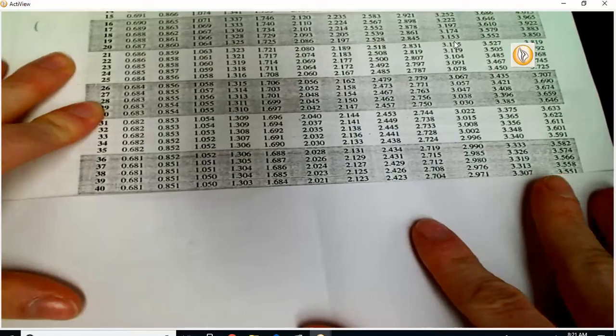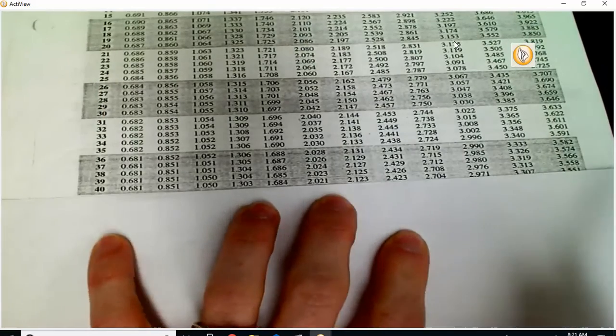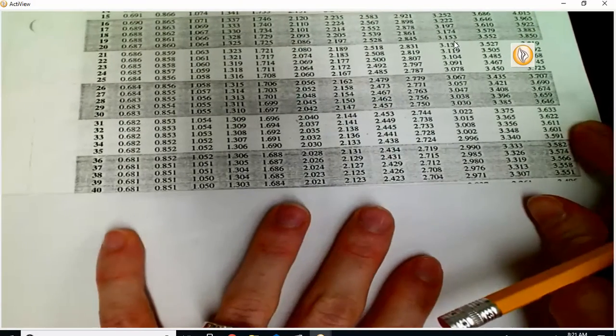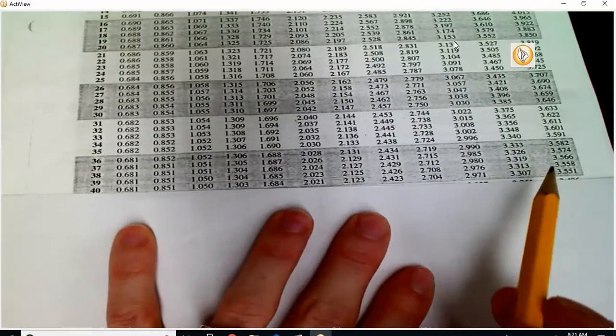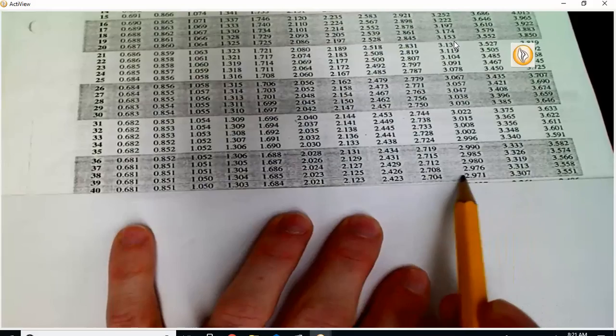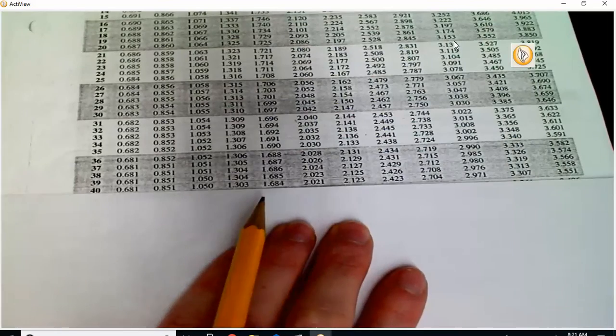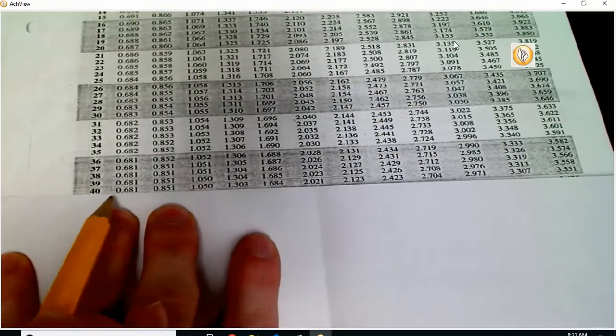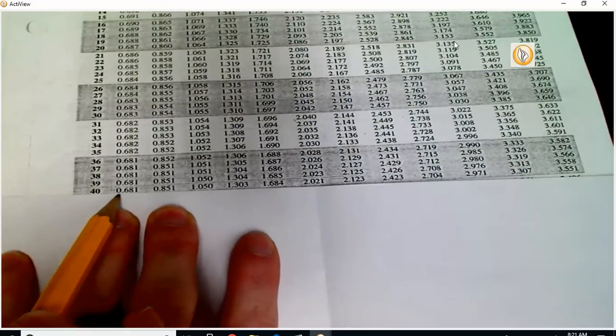So we know we have 44 degrees of freedom, so the closest we can get is 40. So I'm looking at that row on my table. And my t-value was 0.031, so I want the closest to 0.031 that I can get. Unfortunately, that's not very close. The best we can do is 0.681.